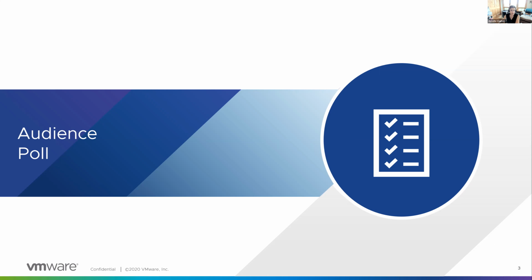All right, it looks like most everyone is on production with a good bit of people on Premier support. And most of the audience is already using Skyline, which is great. So this will be great content for you all to learn how to use even more of Skyline. Most people have between 1 and 5 people using Skyline on their team.